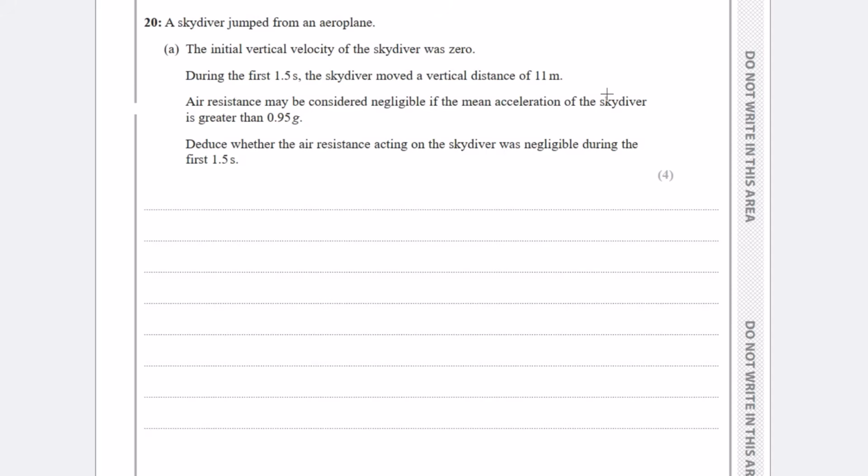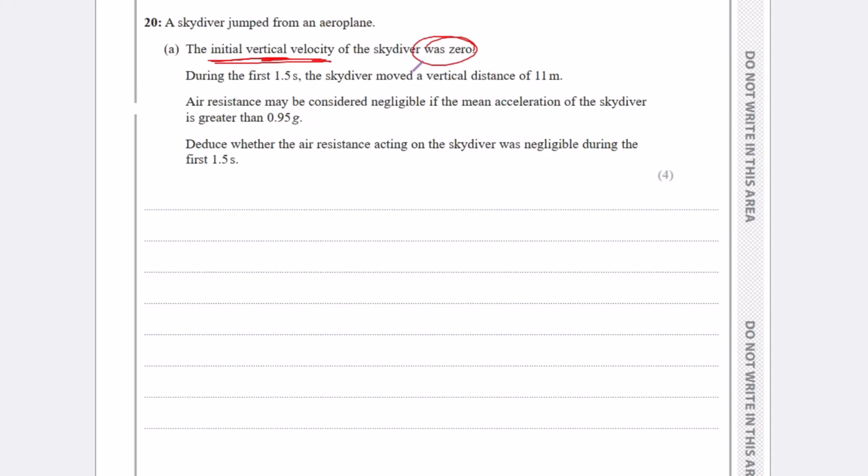Now let's move on to the very last question. Question 20 says, a skydiver jumped from an aeroplane. The initial vertical velocity of the skydiver was 0. During the first 1.5 seconds, the skydiver moved a vertical distance of 11 meters. Okay, and one more important piece of information was initial vertical velocity was 0.